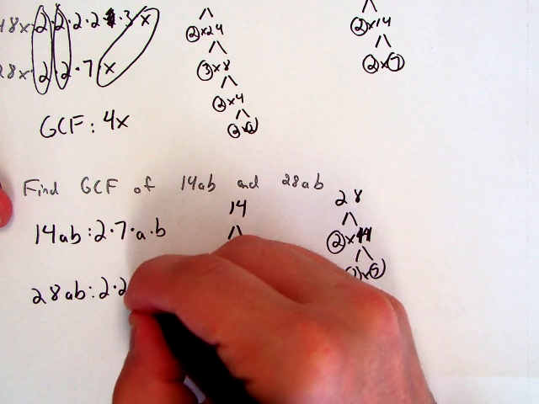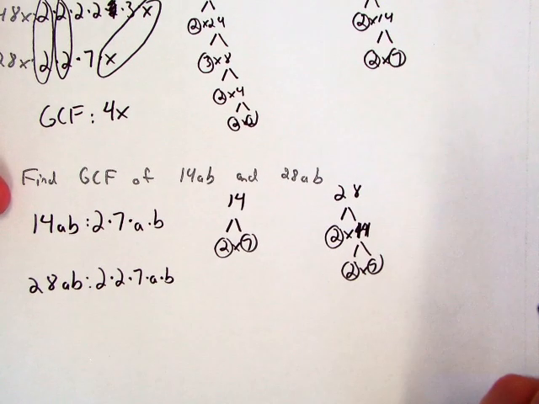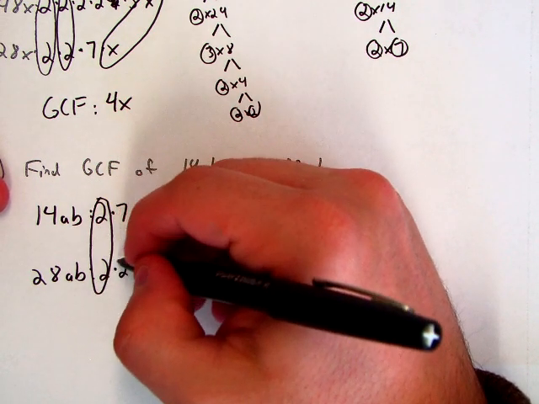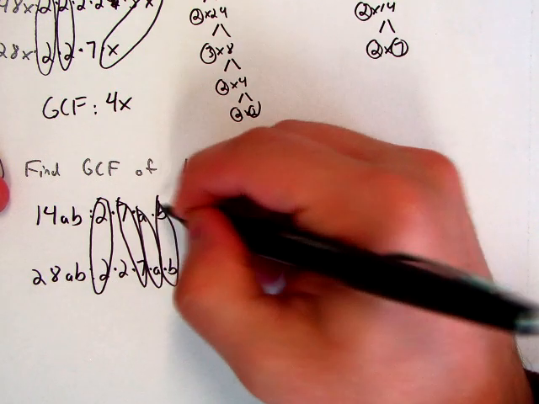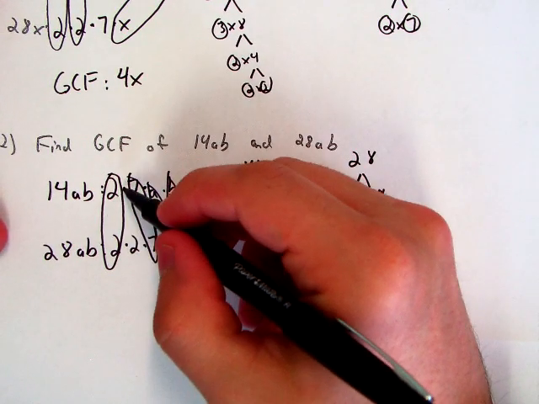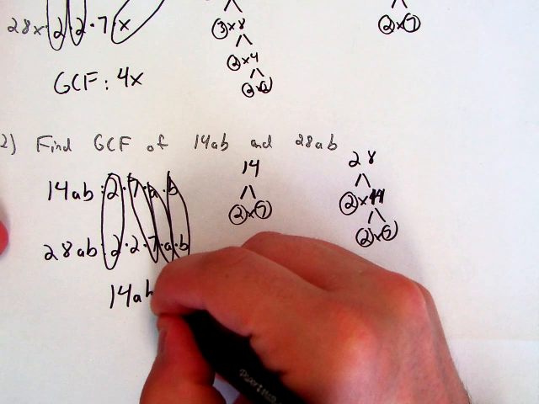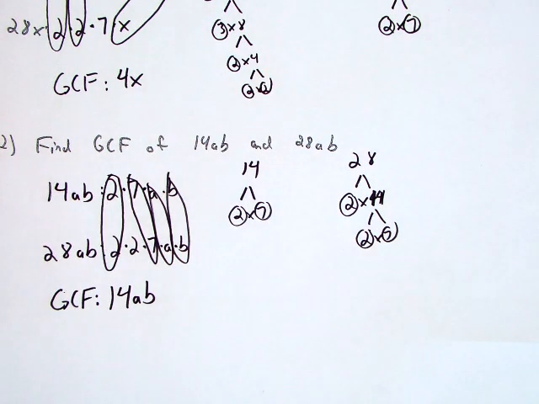So the prime factorization of 28ab would be 2 times 2 times 7 times a times b. Look for pairs. Pair of 2's. Here's a pair of 7's, pairs of a's, and pair of b's. So 2 times 7 times a times b is going to be 14ab. And that's okay because sometimes one of the terms that we're looking at to find the GCF is the GCF.